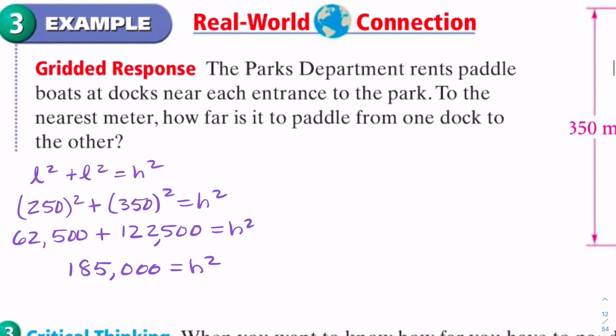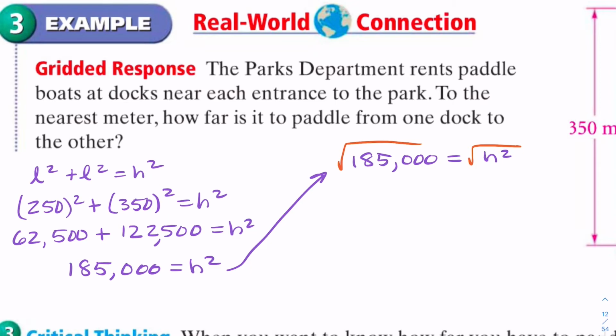So what we're going to do here is take 185,000 and find the square root of that, and we'll get an approximate value for h.